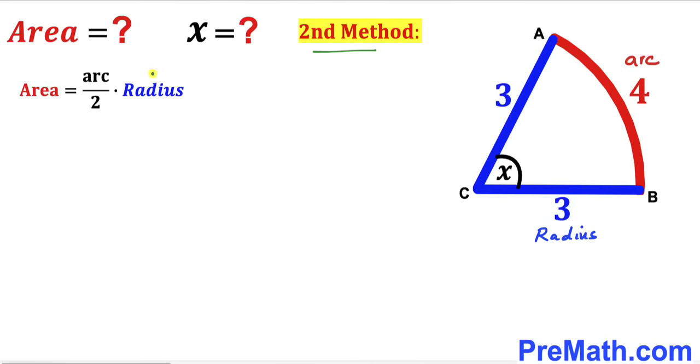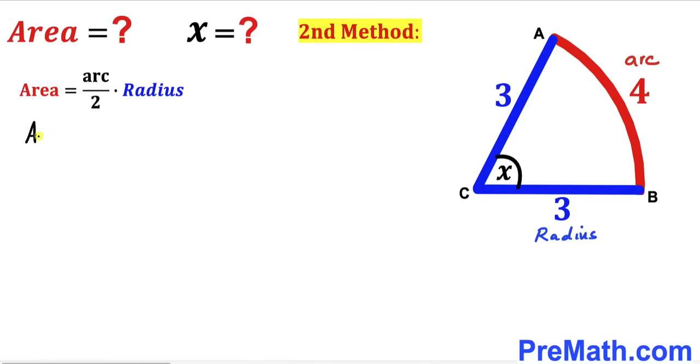We are going to use a very simple formula this time. The area of the sector is equal to arc length divided by 2, times the radius. Here our arc length is 4 units, whereas our radius is 3 units. So let's fill in the blanks in this formula.